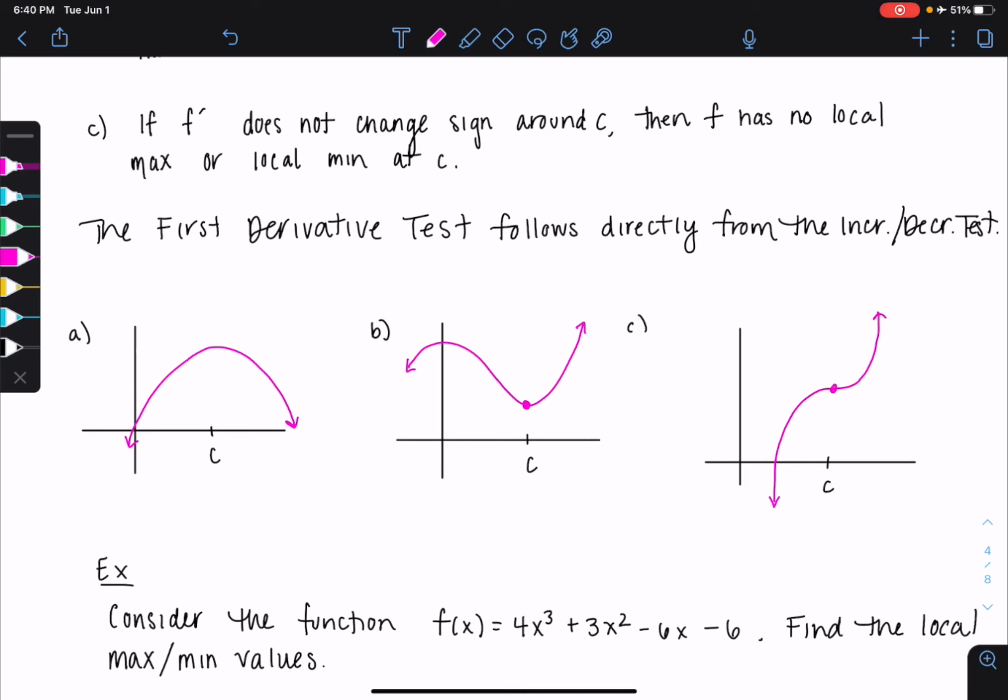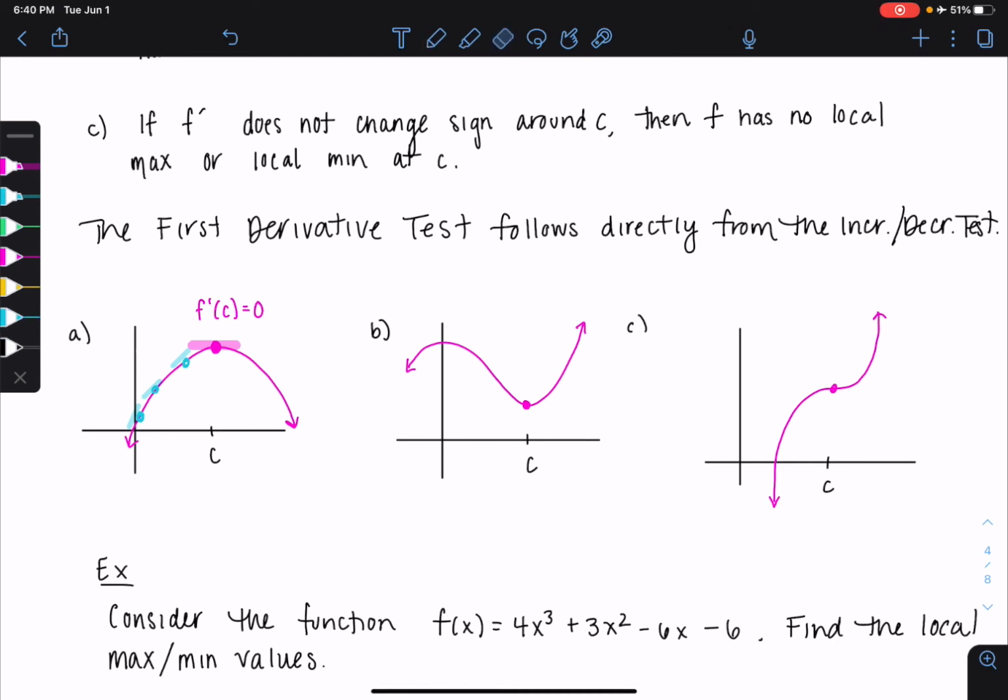So let's take a look at this example. Right here, I definitely have a local maximum. And if you go ahead and draw the tangent line there, it is flat. So f prime of c does indeed equal 0. And if I look at any point over here, every time you draw a tangent line, it is positive.